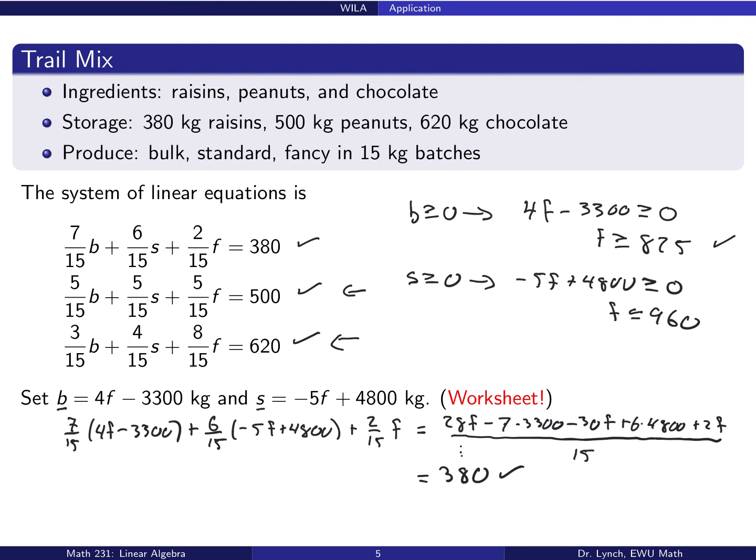And similarly, the requirement that the amount of standard be non-negative implies that the amount of fancy has to be less than or equal to 960 kilograms. So we have a range of fancy, but these values of bulk and standard will work for any value of fancy in that range. I'll let you check this out on the worksheet.